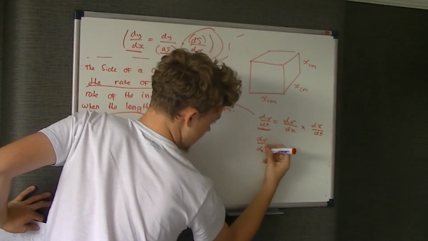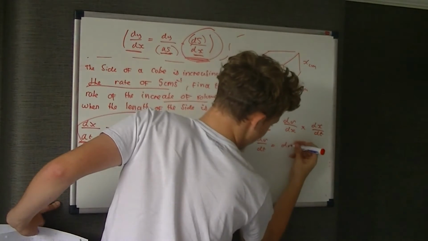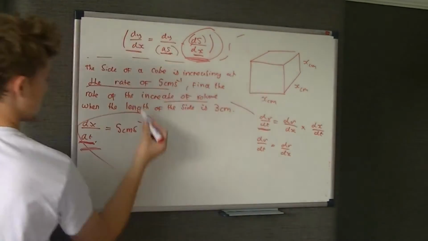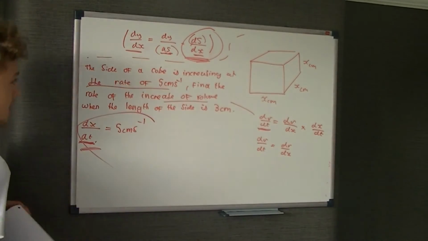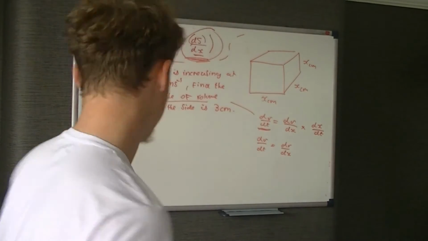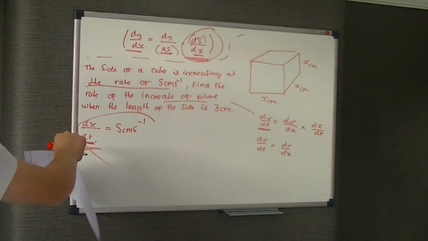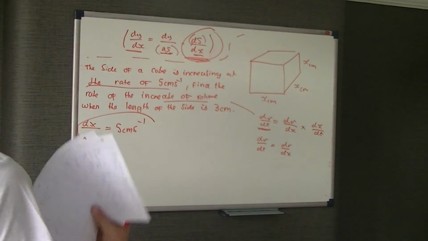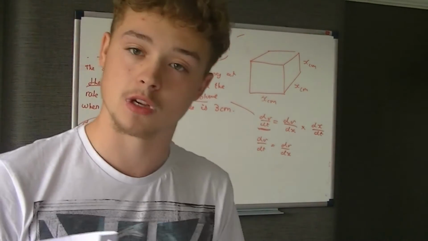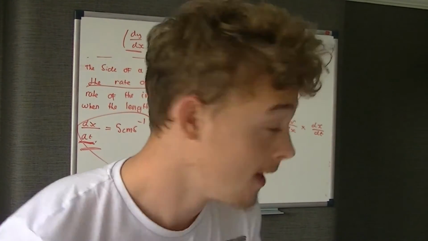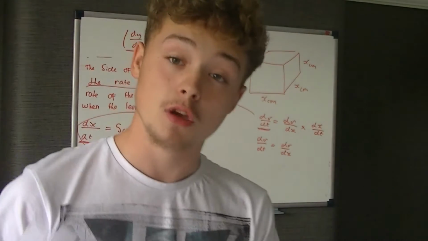So dV by dt equals dV by dx. Now we know dx by dt, because we're told it at the start of the question. As we said, the side of the cube is increasing at a rate of 5 centimetres per second. Now we said that is a rate.